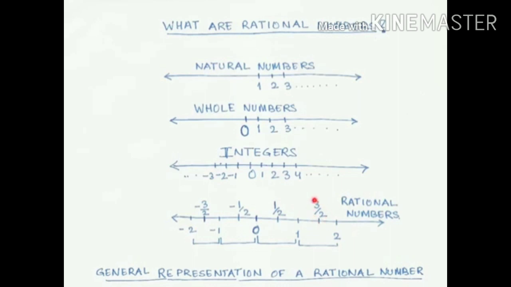And the same thing we can apply on the left hand side of the 0 in this direction, and you can see that we have minus of half and minus of 3 by 2. So you can see that the numbers that lie between the full numbers like 0 and 1, these are the rational numbers.